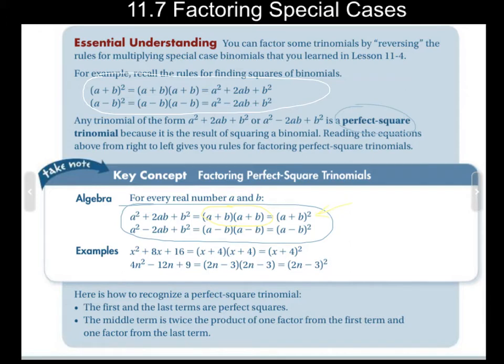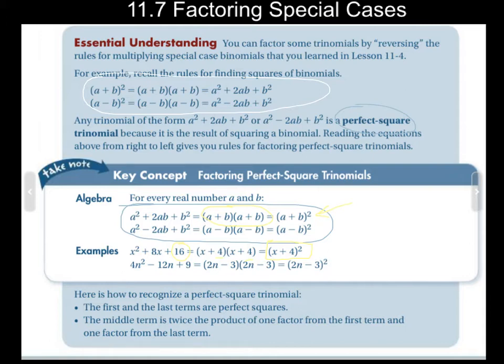If you look at the example here with x squared plus 8x plus 16, you notice that 16 is a perfect square, and both factors end up being 4s. So instead of leaving x plus 4 times x plus 4, we combine those and put it in a simpler form and write it as x plus 4 squared.